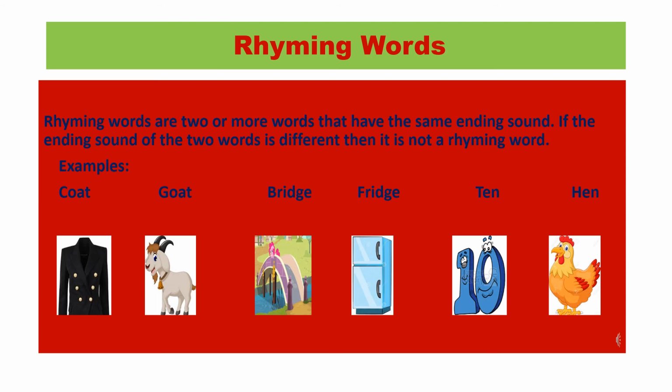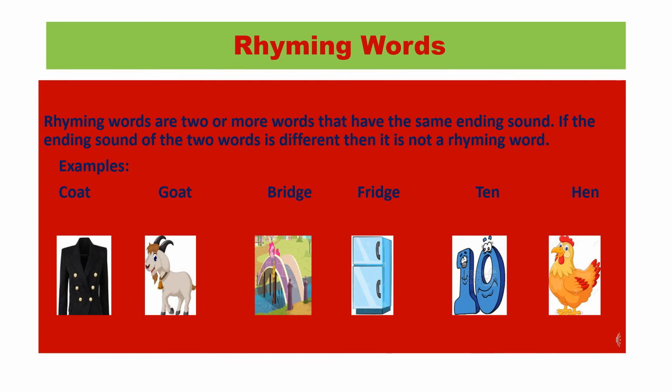Now, the only difference is of C. If you remove C and you add G, it becomes goat. But the sound of both the letters is the same. The last two letters are the same, and the sound of those letters are the same. So when the sound of the last two letters are the same, that means they are rhyming words.